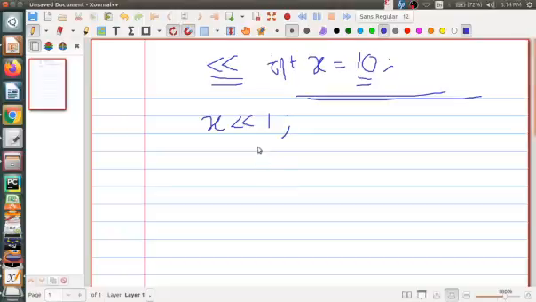This operator is a binary operator, since it applies on 2 operands: one is x, another is 1. That means I want to shift the x value 1 time to the left.